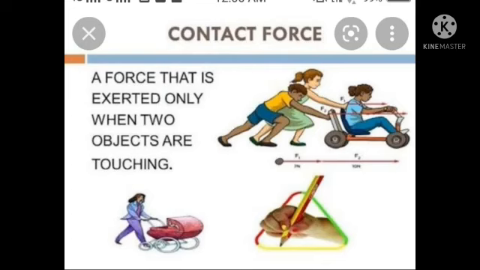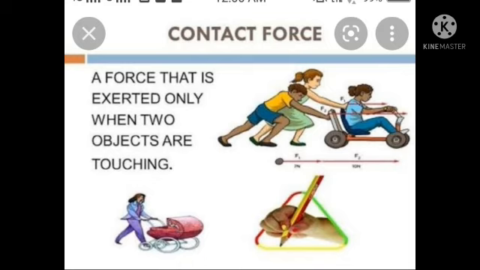So students, what do we mean by contact force? Contact force is a force which is seen to act directly in contact with another object.